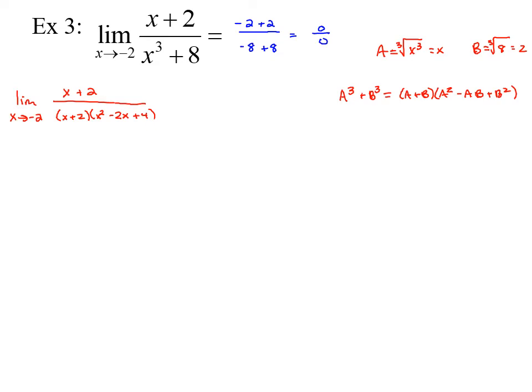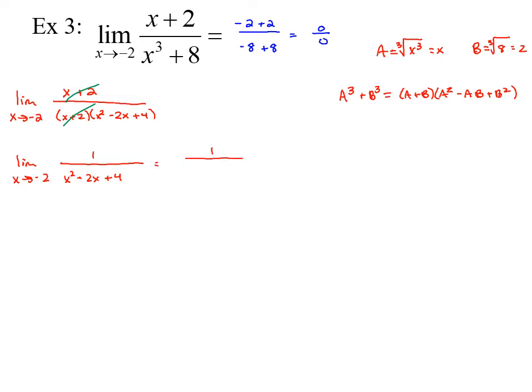The whole point of this is you now can see that x plus 2 divided by x plus 2 does cancel and leaves you with the limit as x approaches negative 2. Since everything canceled off the top, that leaves us with a 1, and we have an x squared minus 2x plus 4 on the bottom. Replug your negative 2 in.